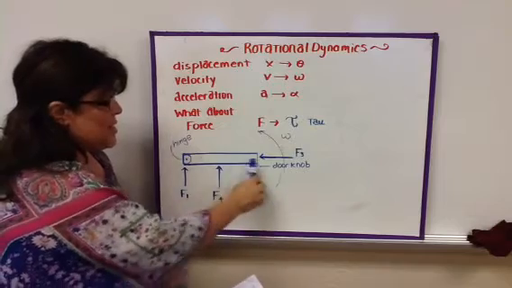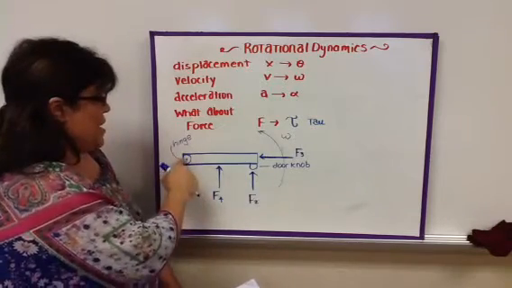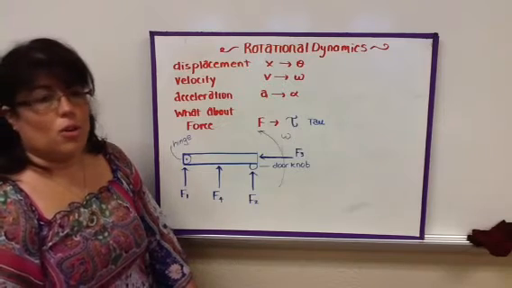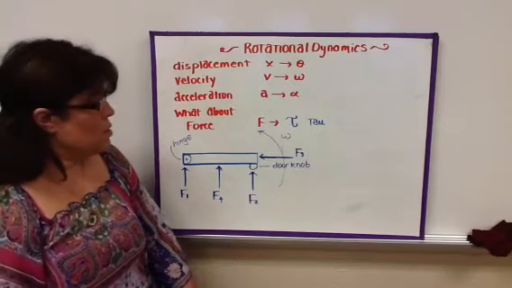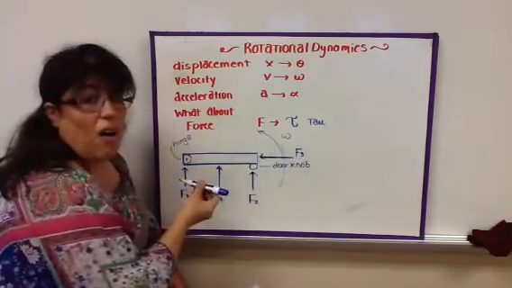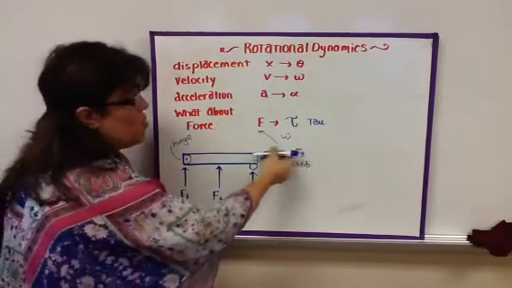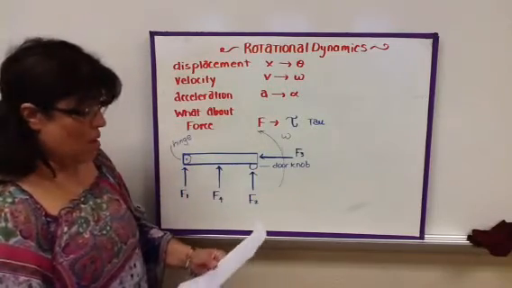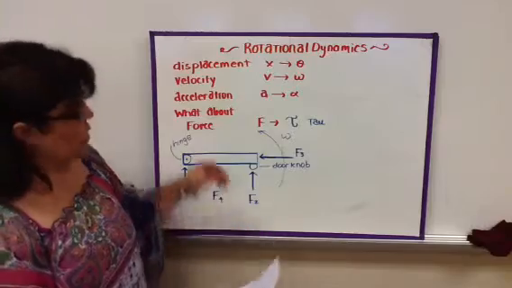So the distance that that force is applied from the hinge makes it easier or harder to make it move around in a circle. And now if you push this way on the door, it's not going to move at all. No matter how hard you push at F3, you can push straight down here, it's not going to move at all. So that's kind of what we're going to be studying right now.